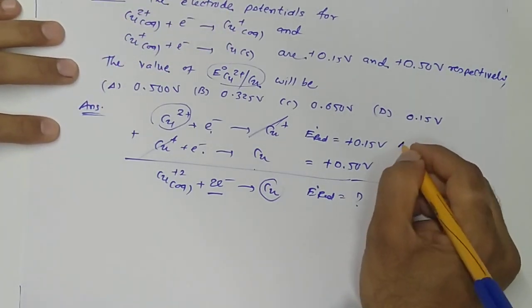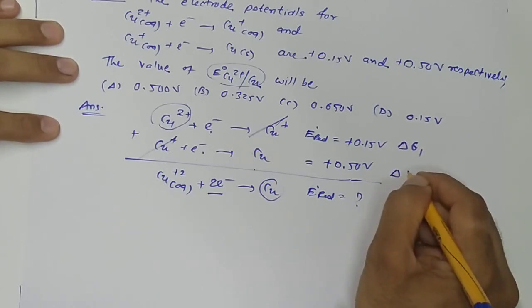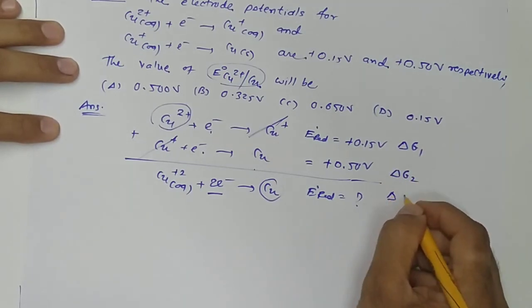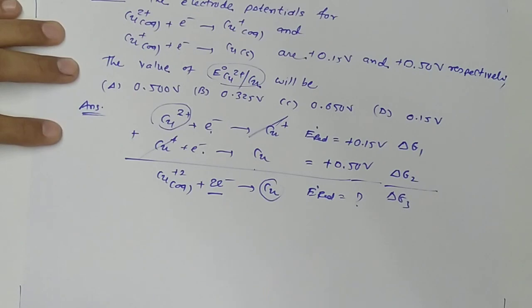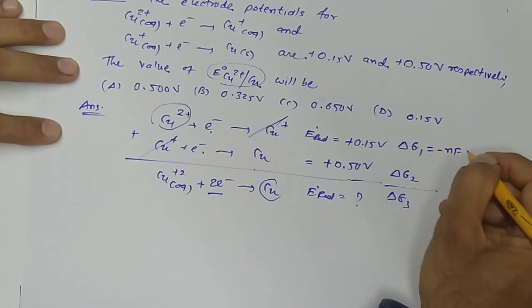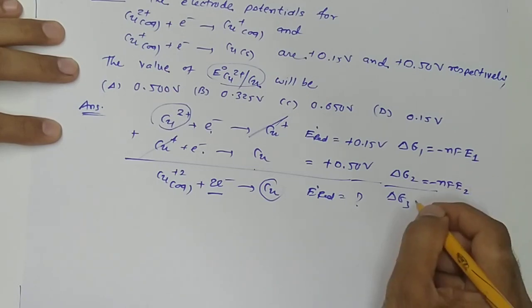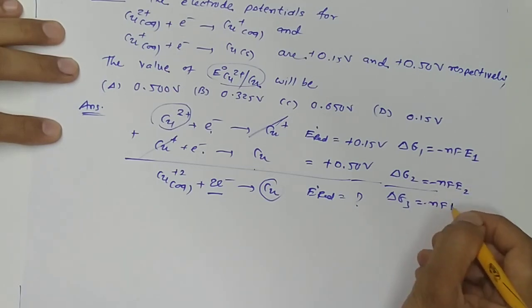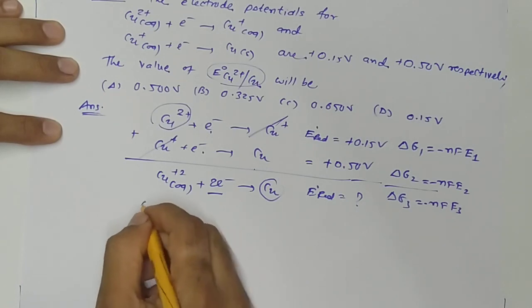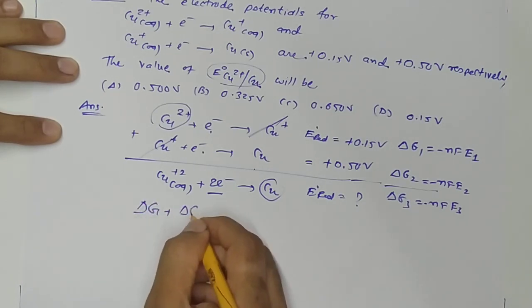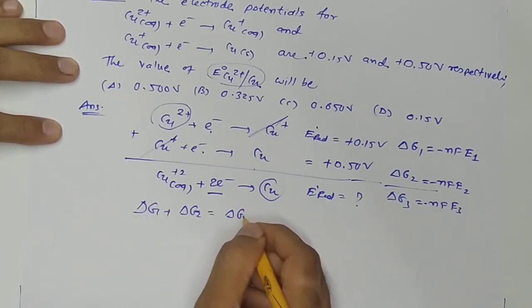Yes, I told you there is a method. Delta G1 for the first one, delta G2, and final delta G3. Delta G1 means minus nFE1, here minus nFE2, here minus nFE3. So delta G1 plus delta G2 is equal to delta G3.